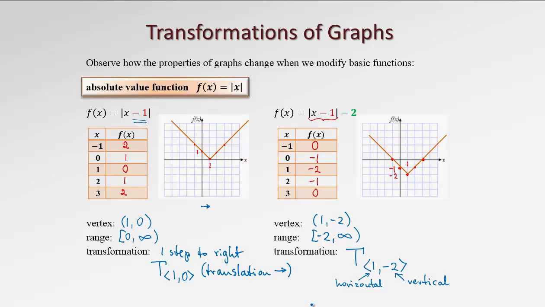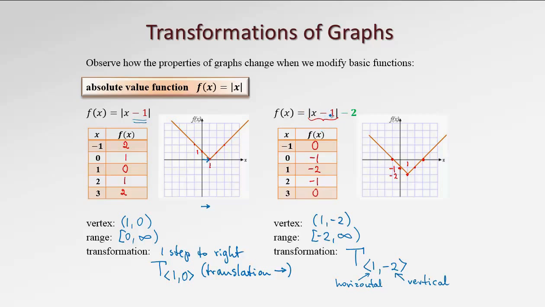Okay, let's look again at our graphs and try to observe how the information that is hidden in a formula affects the graph. Like here, we had 1 subtracted from inside the function, from the input x, and the graph was obtained by moving the basic graph of absolute value 1 step to the right. While in the second case, we had 1 subtracted from the input x and 2 subtracted from the entire function.